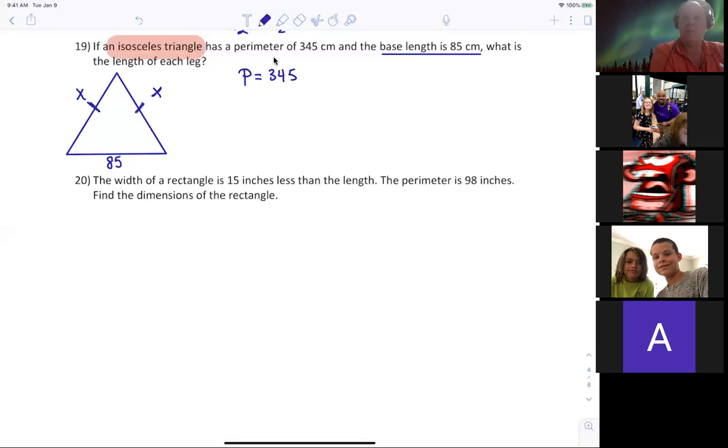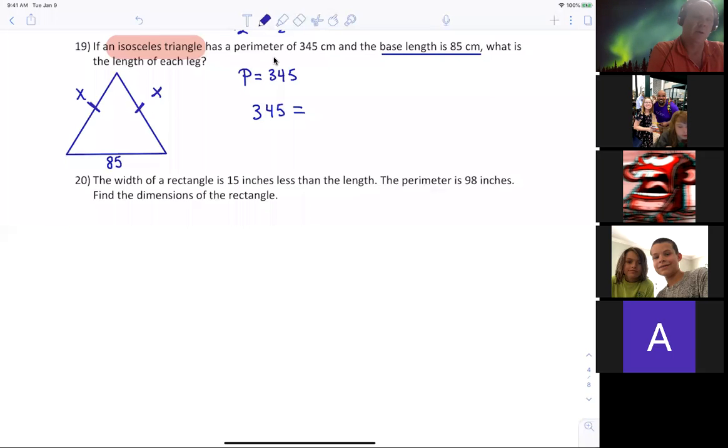Sean, you got a question? 345, that's correct. You subtract 85 from that, which makes it 260. So all you have to do is divide that by 2. That is correct. But I still want you to write the equation. You did perfect. So that would be 345 is equal to, tell me.